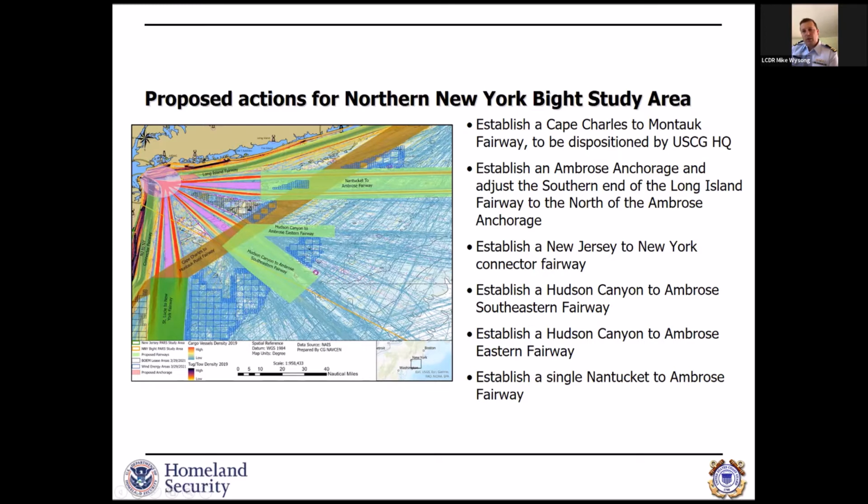Additionally, we recommended a Hudson Canyon to Ambrose southeastern fairway, which follows the geometry of the traffic separation scheme and extends to a point 5 nautical miles beyond BOEM's March 29, 2021 wind energy areas, depicted in blue in this graphic, to both the north and the southwest.